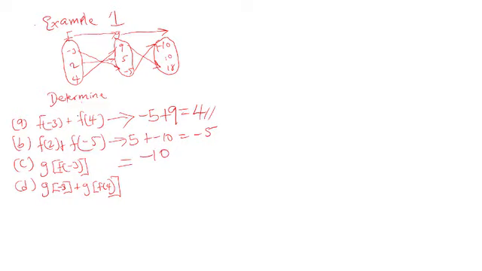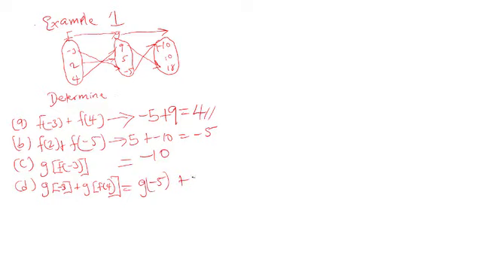And the last one is g of minus 3. Now where's our g of minus 3? Our g of minus 3 is equal to g of minus 5 plus our gf of 4. Our gf of 4 is equal to 9.